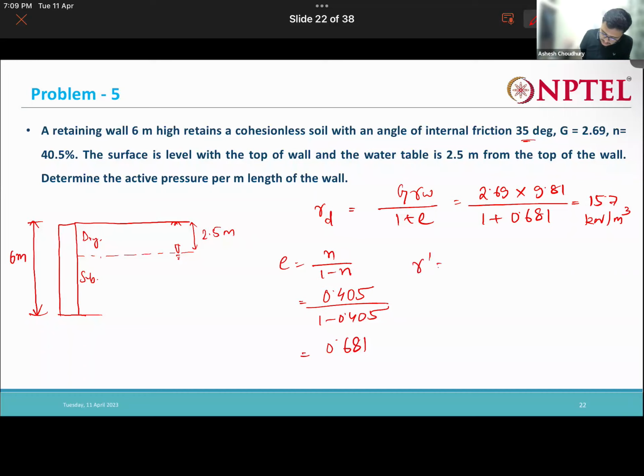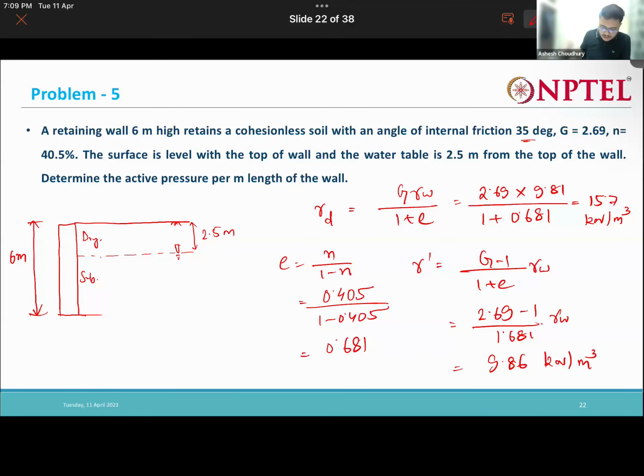And gamma submerged is (G minus 1) by (1 plus E) into gamma W, which comes to 9.86.